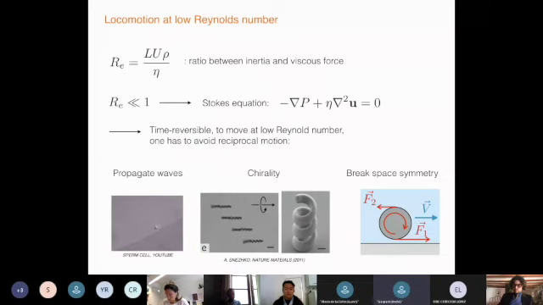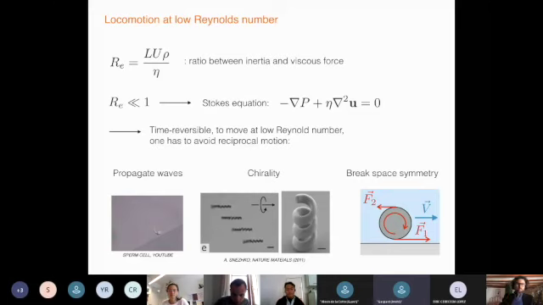So in nature, this is, for example, achieved by propagating waves. So here is a spermatozoa. This spermatozoa beats a flagellum and propagates a wave along this flagellum, and this makes it swim. You can also move thanks to your shape.